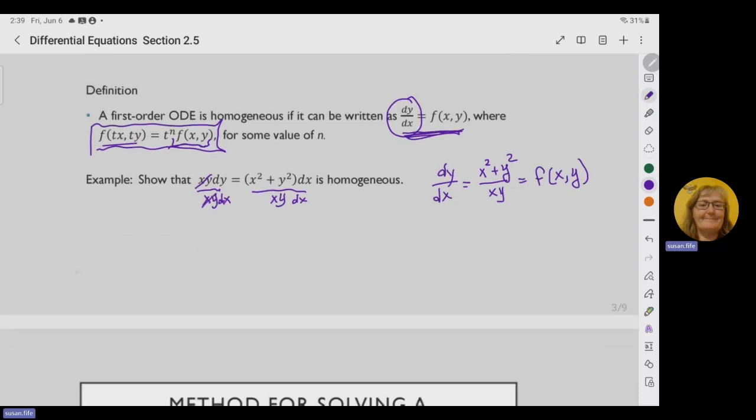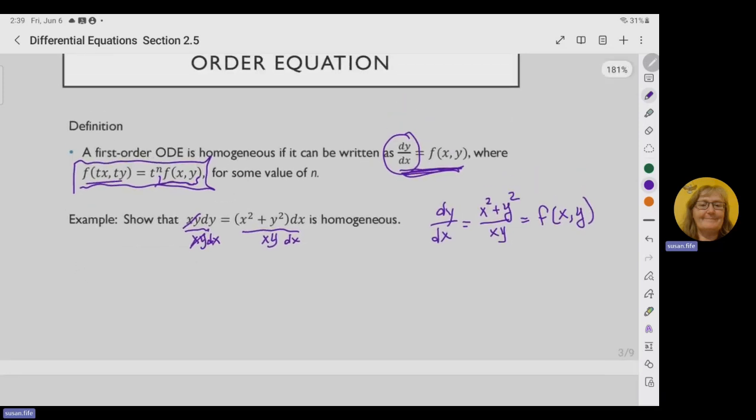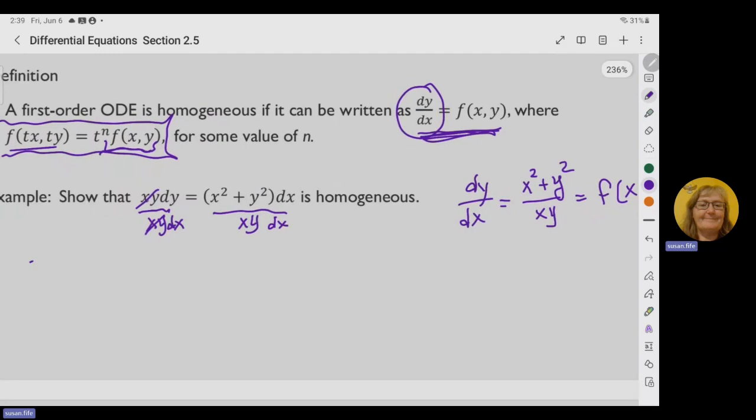To see if this is homogeneous, I'm going to replace each x with tx and each y with ty, so that x squared becomes tx squared and y squared becomes ty squared.